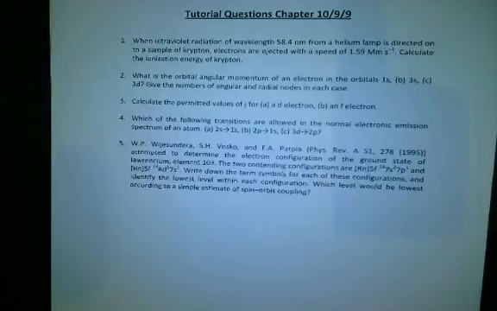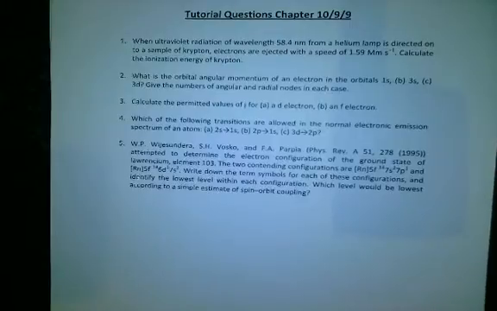Calculate the ionization energy of krypton. Now in this chapter we look at the calculation of ionization energies, but this is actually just an example of the photoelectric effect, and similar to one of the questions that appeared in your first class test.